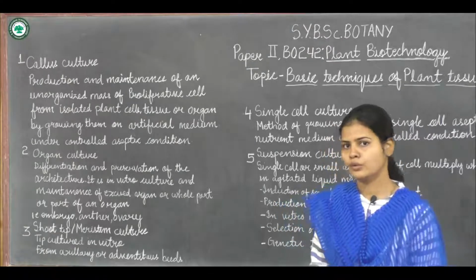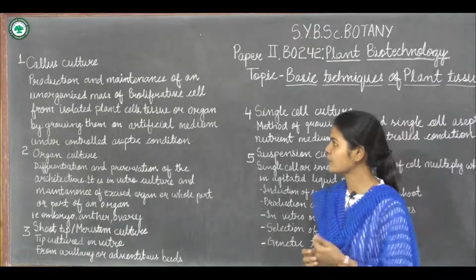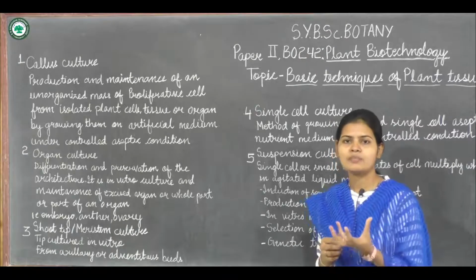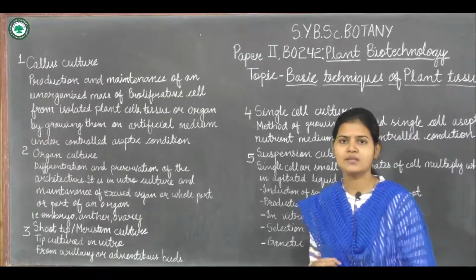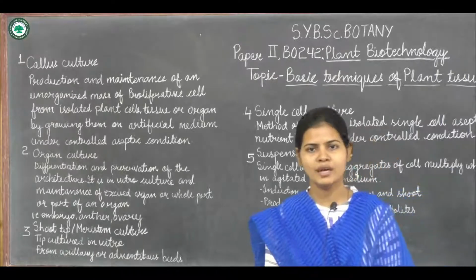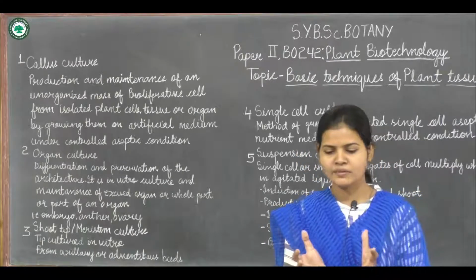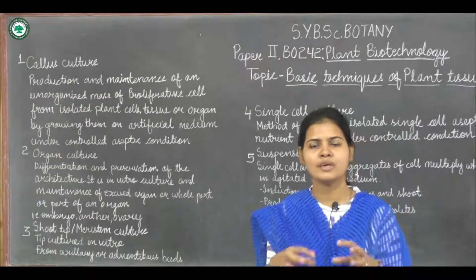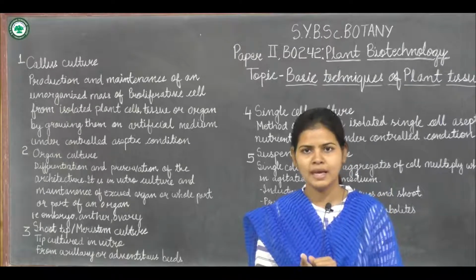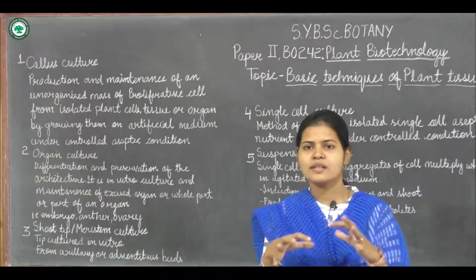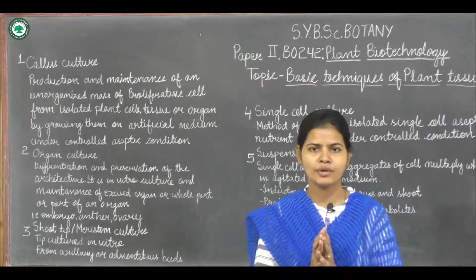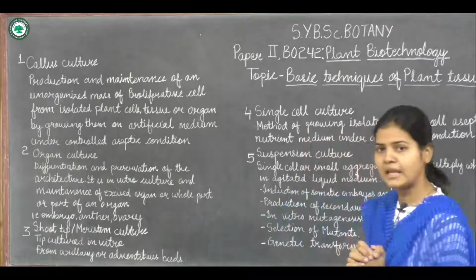It will grow as an unorganized mass of proliferated cells, cells which have the capacity to divide. They will be continuously dividing, but they are not going to form any structure or any part of a plant. That structure is an unorganized mass of cells. So first is callus culture.